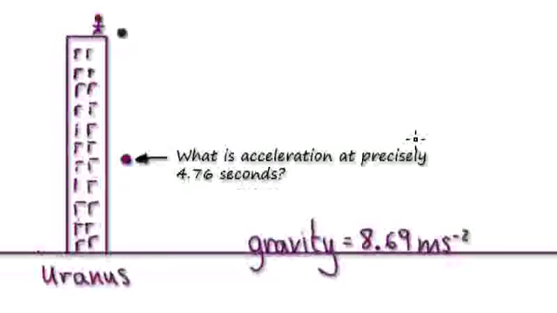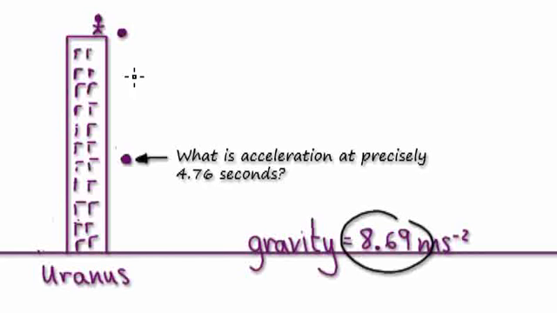Okay, next question here. Now we're on top of a building on Uranus. Gravity's here. After 4.76 seconds, the cannonball will be here. I want to know the acceleration. What is the acceleration at this precise point in time? Basically, I want to know the acceleration right here.